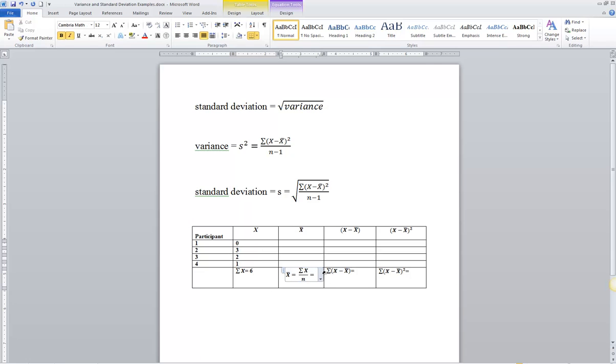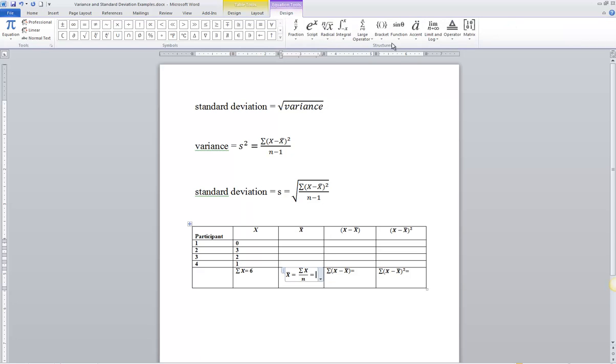So here, you're going to have 6, which was our summation of x, divided by 4, which was our sample size. And when you do that, you get our mean is going to be equal to 1.50. And that's because when you take 6 divided by 4, you're going to get 1.5.